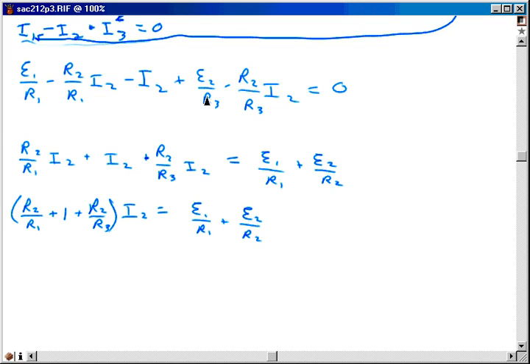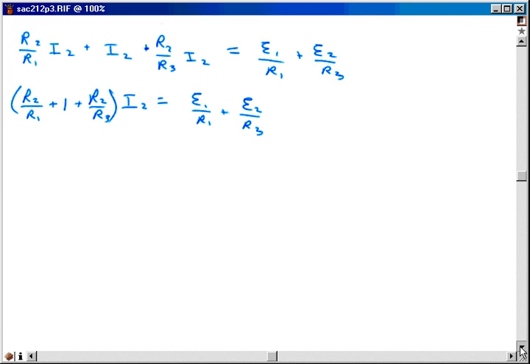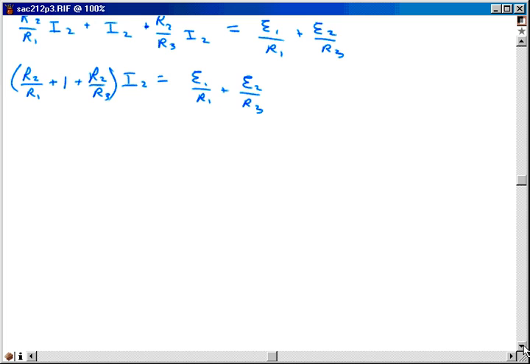This is an R3, E2 over R3. Going to multiply both sides by R1, R3 to get rid of these denominators. R1, R3 times the entire equation. So it's got to be multiplying every single term.